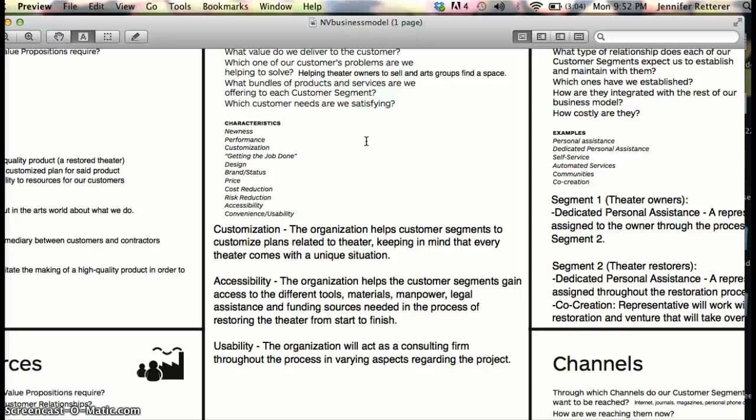So, for instance, the owner of the theater may not actually be interested in selling. He may be interested in being involved in the project to restore the theater and then renting out the theater after and continuing to be the owner. Or she might want to sell the theater, so we would need to come up with a plan for how that would work for her.